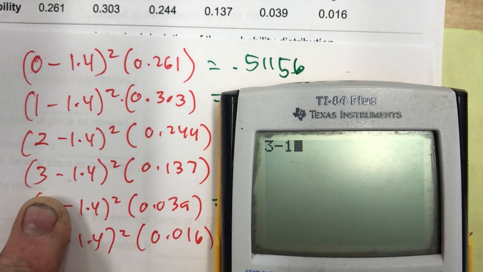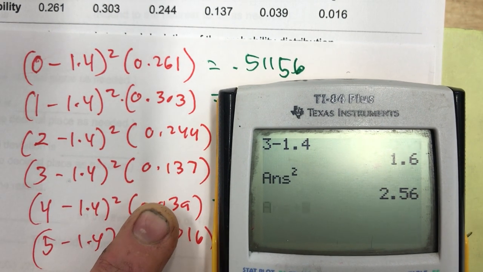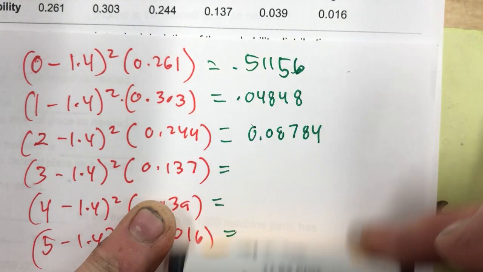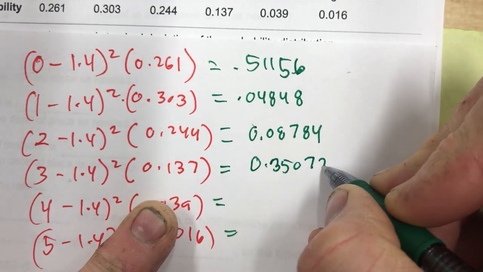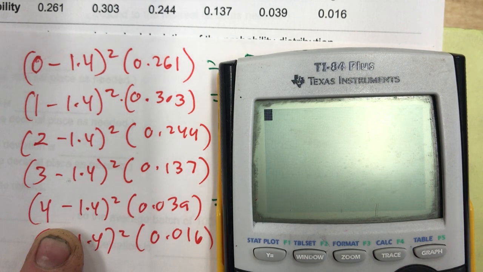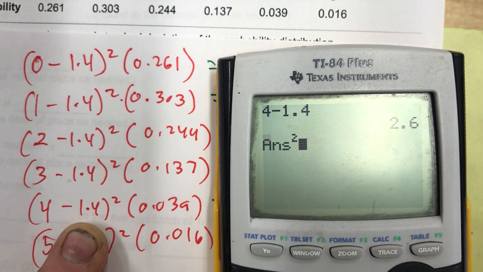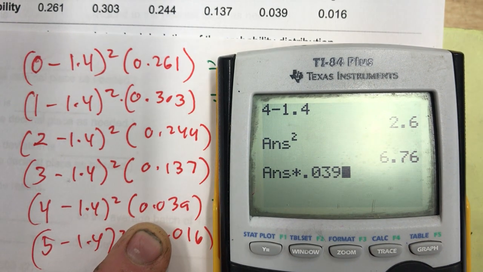3 minus 1.4, enter, square it, enter, and then times it by 0.137, and there you go, 0.35072. Okay, and we'll do 4 here. All right, so watch me there. 4 minus 1.4, enter, square it, enter, times 0.039.